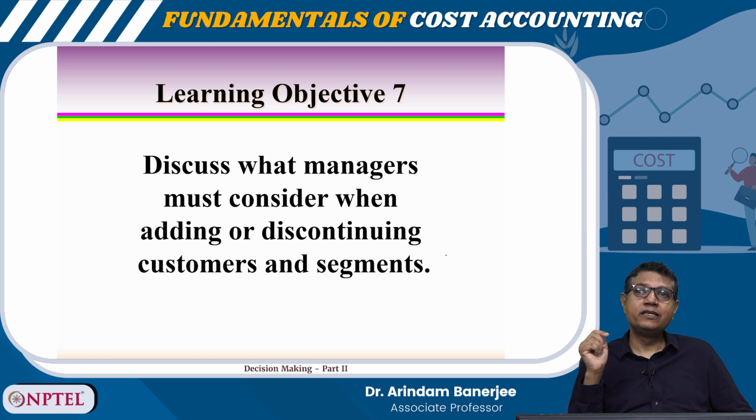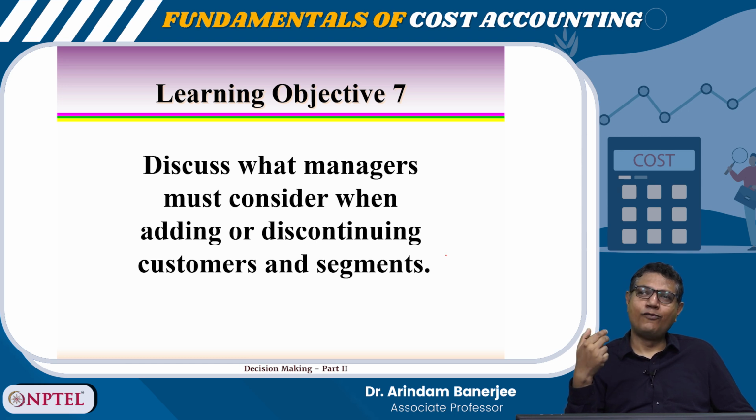So, the second condition is also fulfilled, right? When I consider whether to accept this offer or not, what is my relevant cost? The relevant cost is not rupees 10, the relevant cost is rupees 6, right? And the price it is offering is rupees 7.